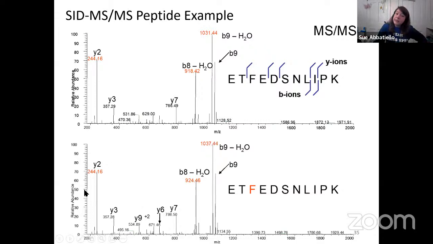The Y ions here don't have a change in mass because this would be just the proline and lysine, which are not isotopically labeled. Now we usually label the C terminus, so all of the Y ions that we see have that signature mass shift, and we can quantify it on all of the Y ions.